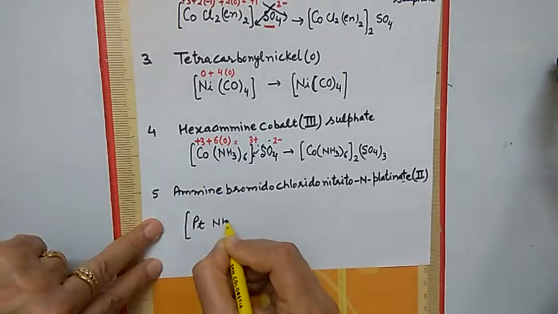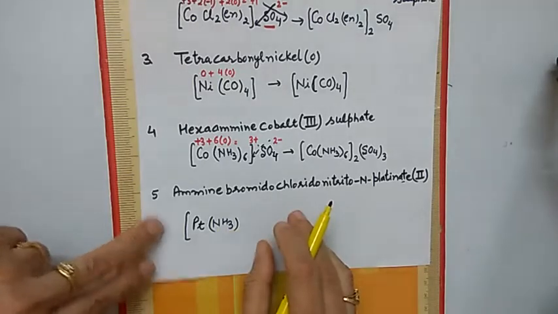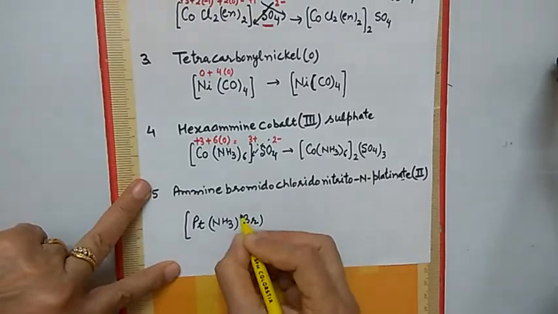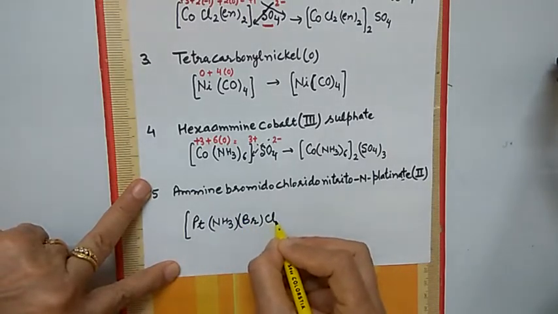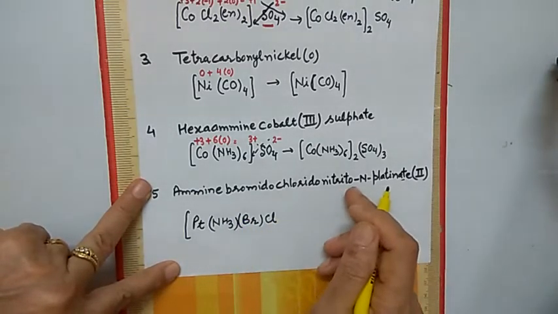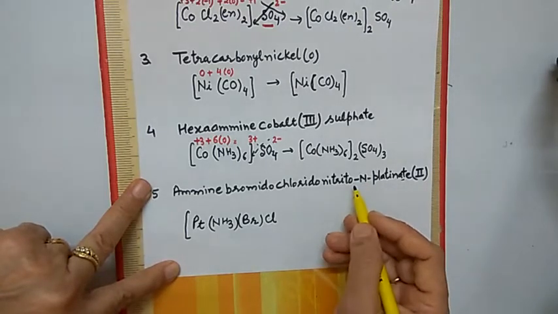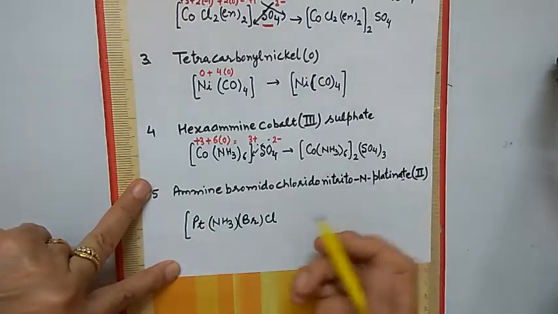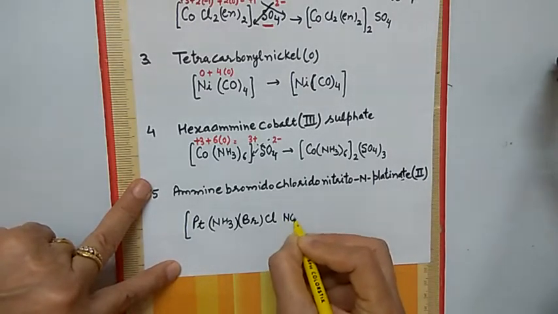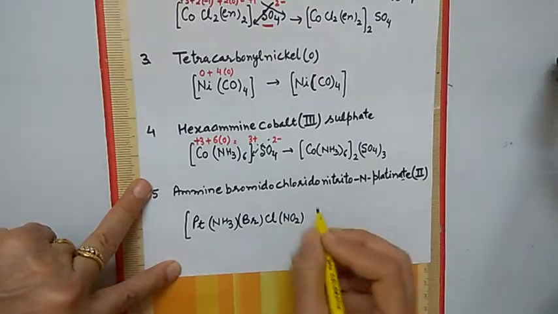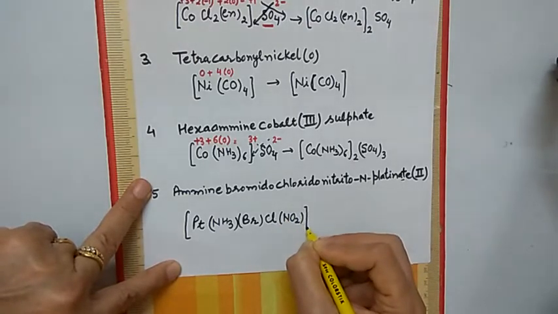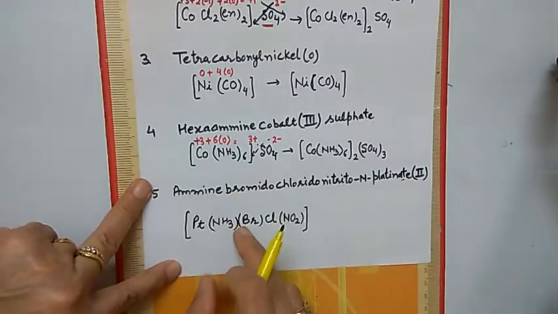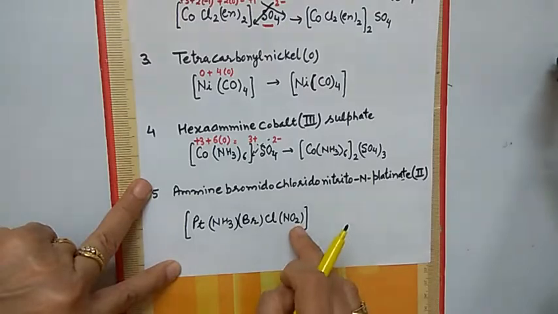Ammine, NH3, bromido, Br, chlorido, Cl, nitrito-N. Nitrito-N or nitro, one and the same thing. The formula for this is NO2, and the bracket is closed. Platinate means platinum here.